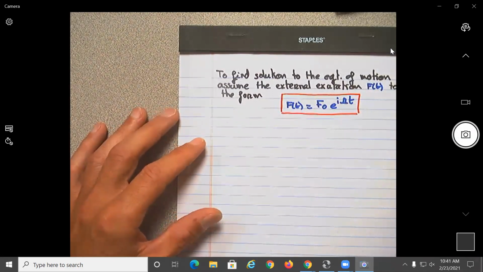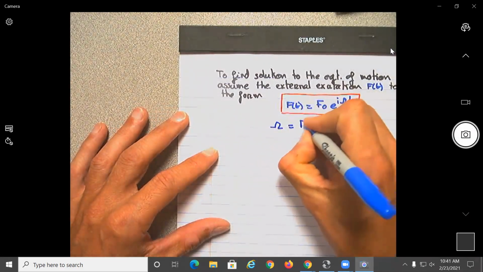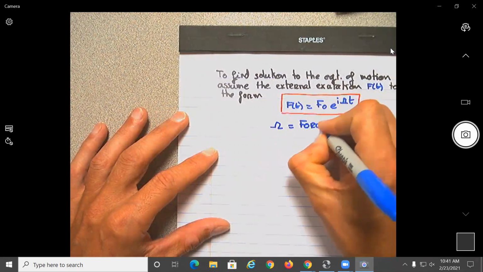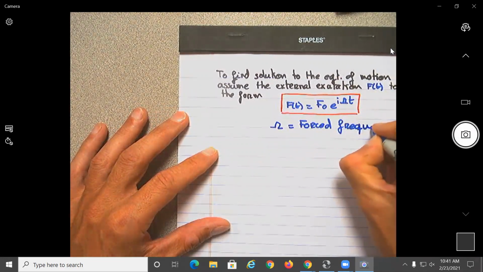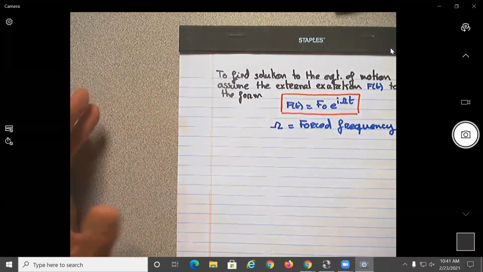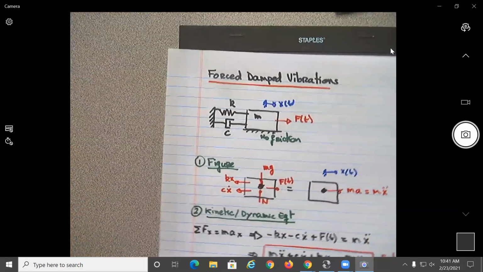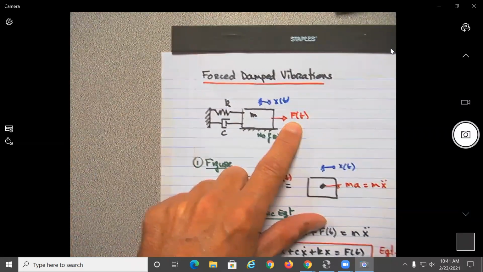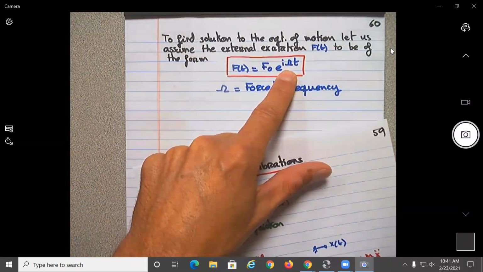Okay, well here capital omega is the force frequency. So basically imagine that this is attached to a shaker and you know that the frequency of your shaker is given by omega.